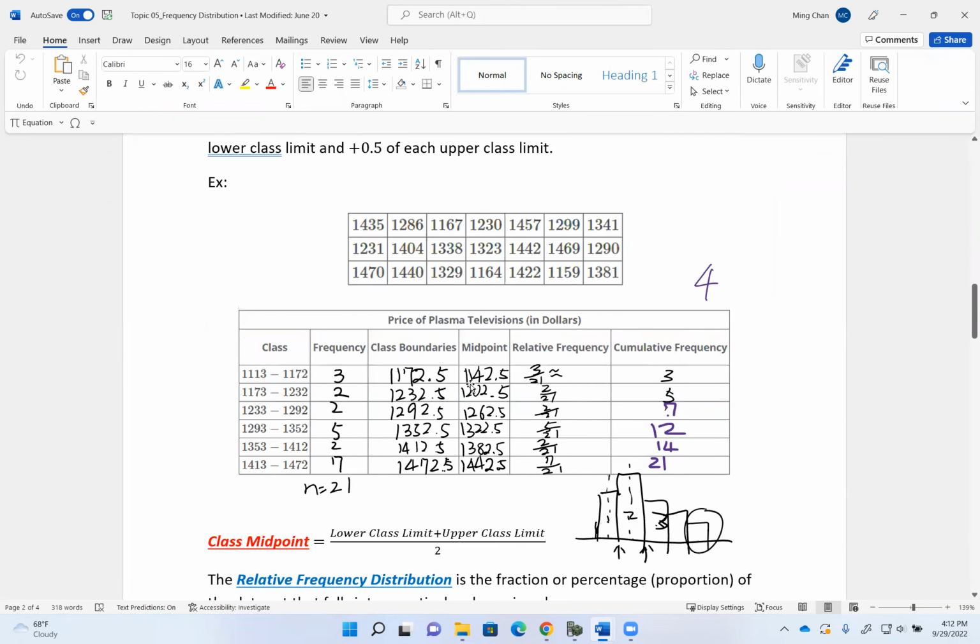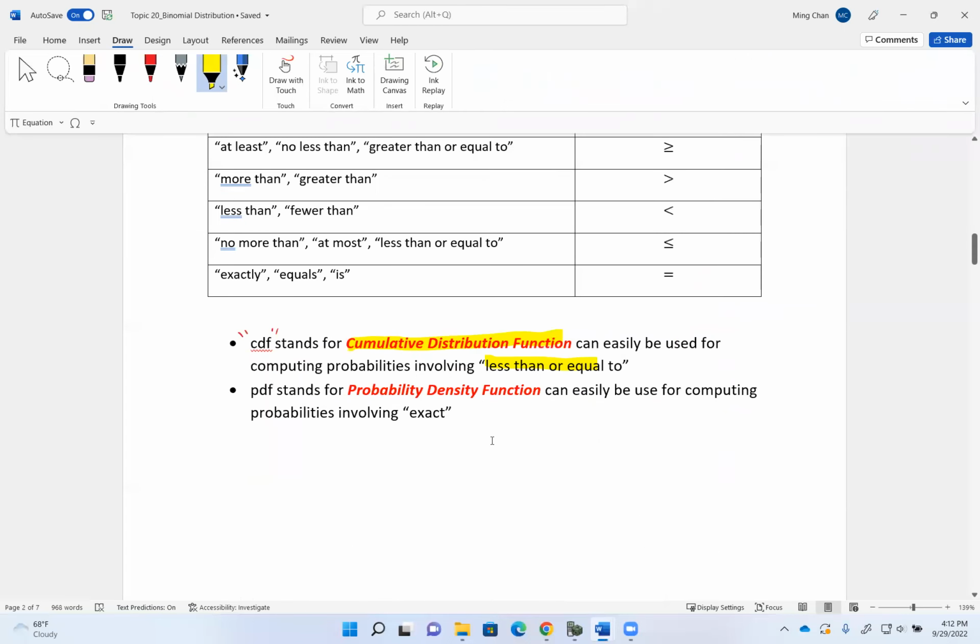The frequency of the first class was 3. For the cumulative frequency of the next class, we take the frequency of the second class plus the first class, and so on. The third class has frequency 2, so its cumulative frequency is 2 plus 5. It accumulates all the way up to the total 21. That's what's going on with the cumulative distribution function: it involves less than or less than or equal to, accumulating from 0 all the way up to the random variable x that we want to compute.